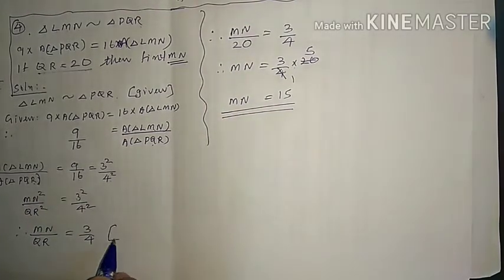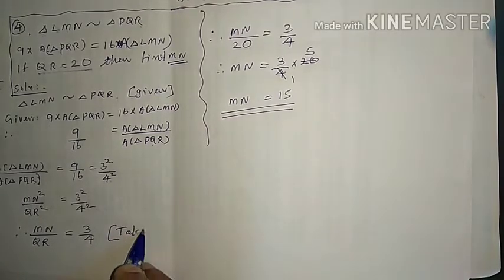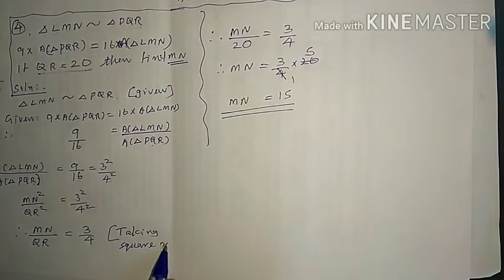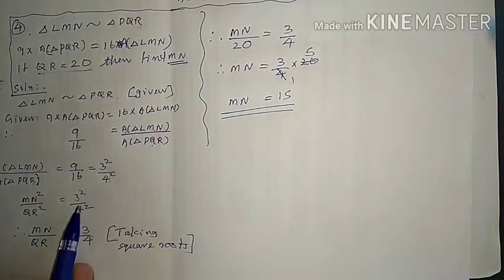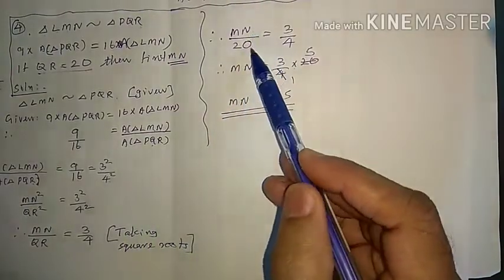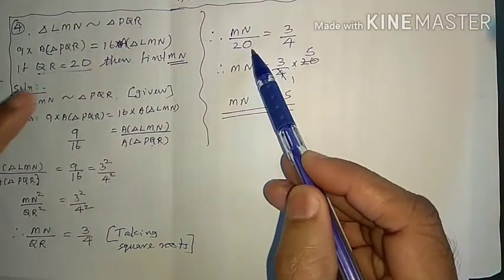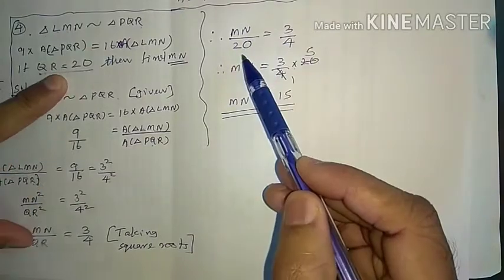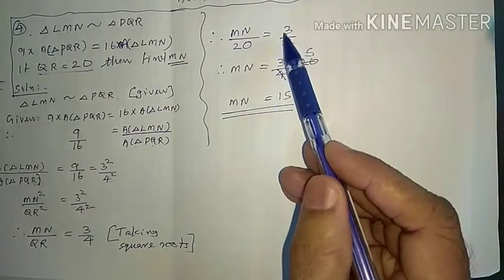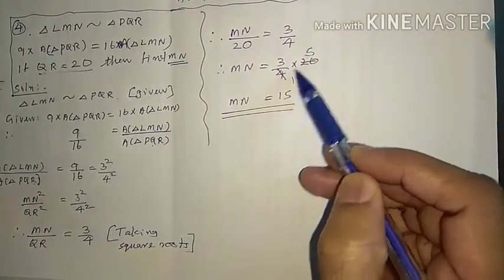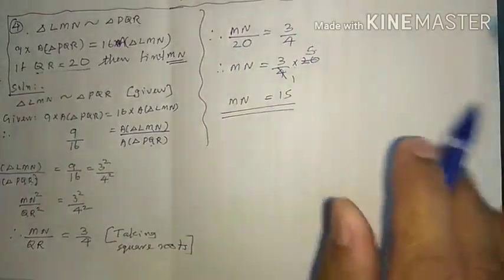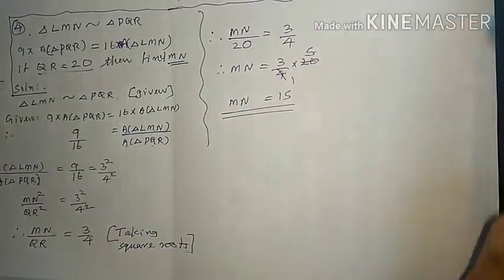So taking square roots on both sides, MN upon QR equal to 3 by 4. Value of QR is here 20, that we put here for this QR, equal to this 3 by 4. Then we cross multiply this, then simplify here, multiply and write. This is question number 4.